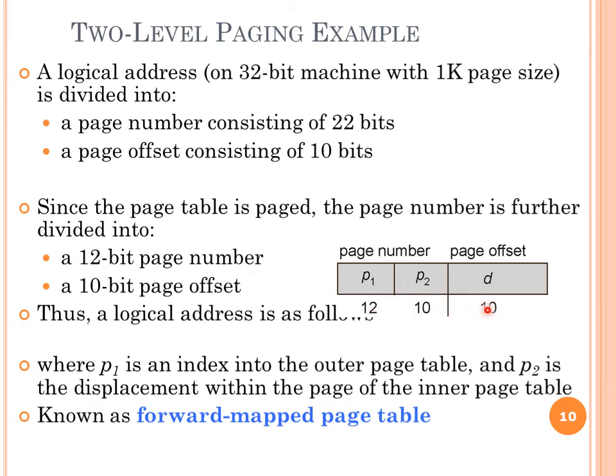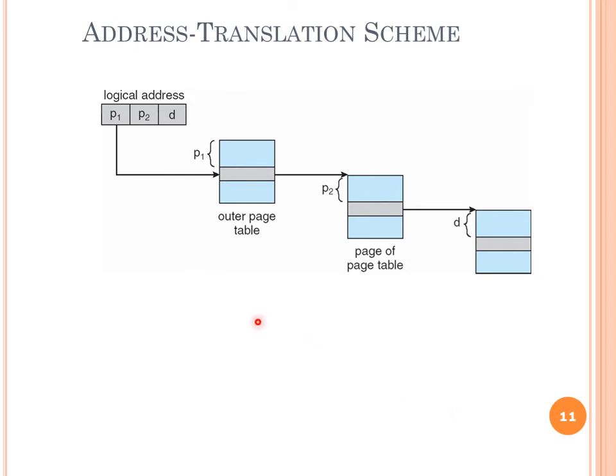12 plus 10 plus 10, totally 32-bit addressing. So here we see that P1 is the index into the outer page table, P2 is the displacement within the page of the inner page table, and this method is known as forward mapped page table. So here we have an addressing scheme in two level page addressing.